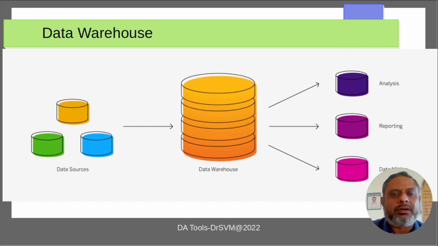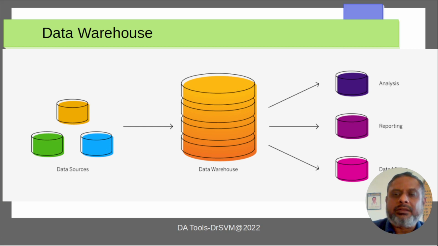The data is made available from various sources, and is finally put onto one central repository called the data warehouse, from where the data is collected for different activities like analyzing the data, reporting from the data, data mining, and all that. While doing this, a small chunk of data is separated out, maybe copied to a different place.